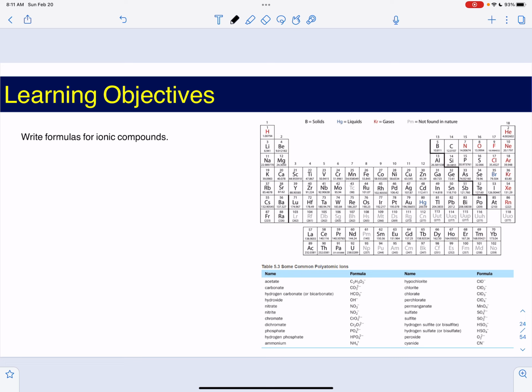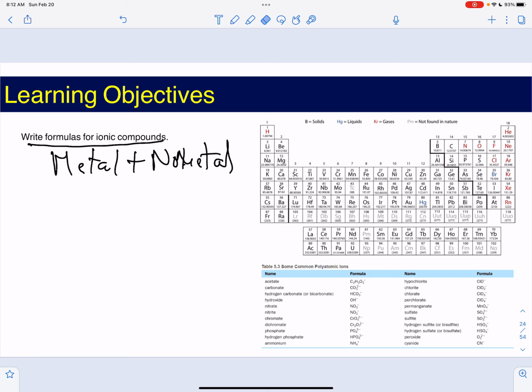So, new concepts. How do we write the formula for ionic compounds? You were able to recognize them. You know how to write by putting the most metallic first and so on. But how do we write the formulas for any ionic compound, which is a metal combined with a non-metal? For that, you're going to have to learn something first.